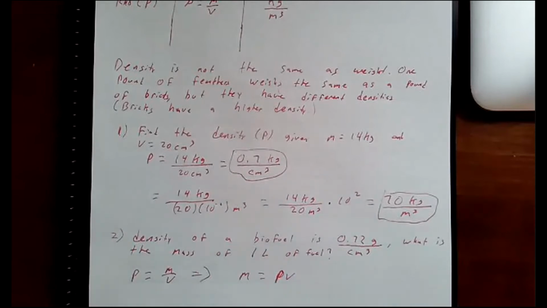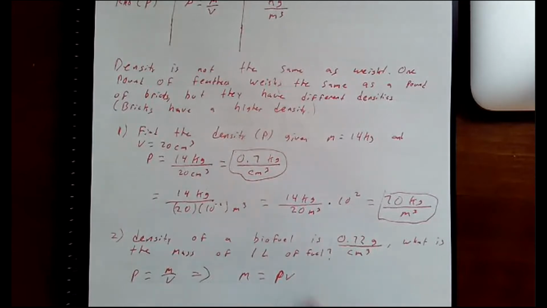Density times volume. So we need volume. You have density. You have the 1 liter. But 1 liter is not in centimeters cubed. So we can change it. That way we can get our mass using the same units.